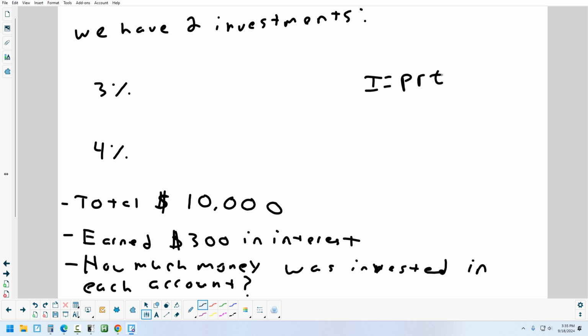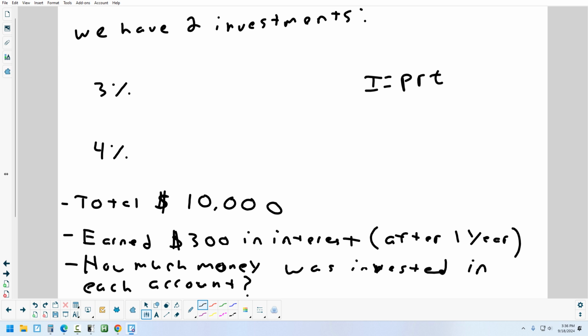And at the end of 1 year, let me add that. So after 1 year of earning interest, we had $300. How much money was in each account to make that happen?